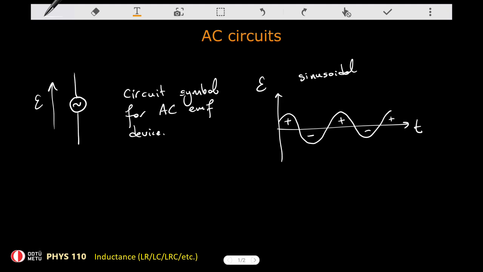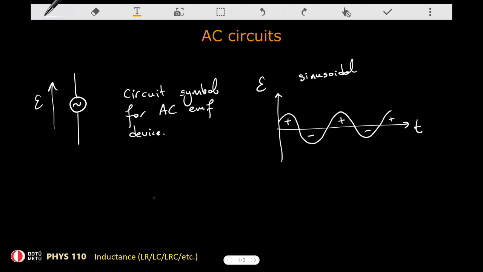The essential idea is that this type of current is more suitable for transferring energy from power plants to our houses, so you can have minimal loss by doing certain energy conversion using transformers.